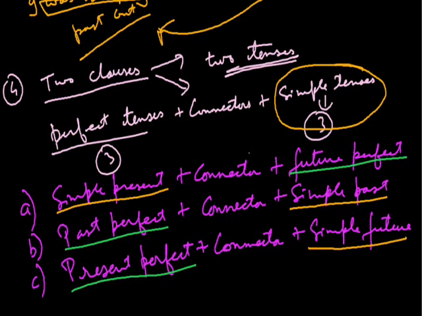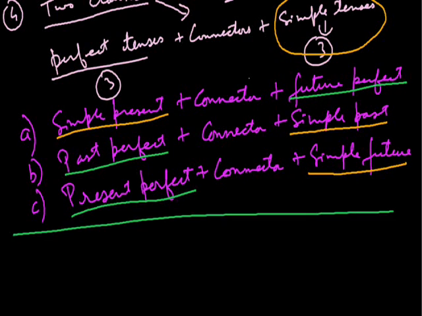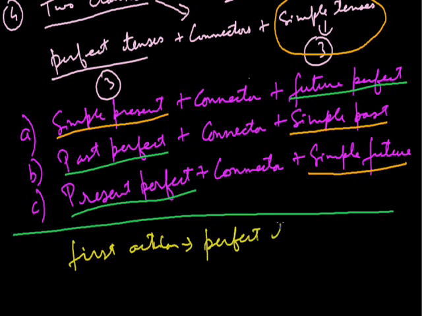Now the important point to understand is that irrespective of the structure, whether we are using simple present initially and future perfect later on, that doesn't matter. We can even start our sentence with future perfect. But when we are taking these two tenses, the important thing is that with the first action, we will always use perfect tense.